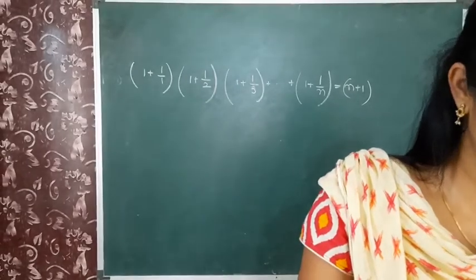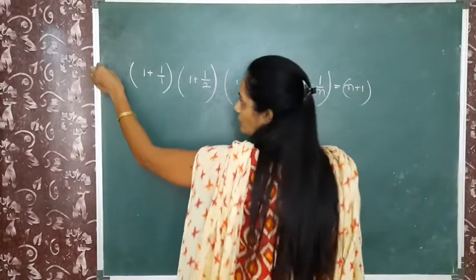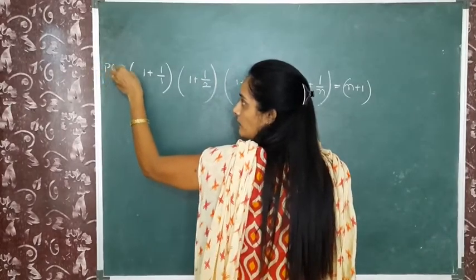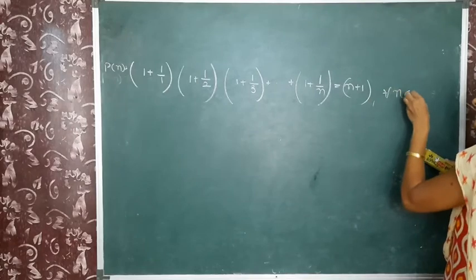Okay. So first we prove P of 1 is true. Here this statement is P of n for all natural numbers.